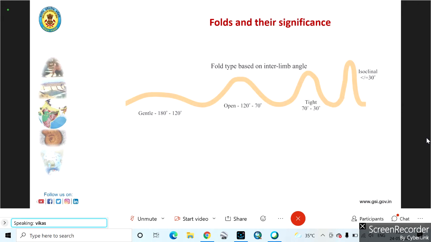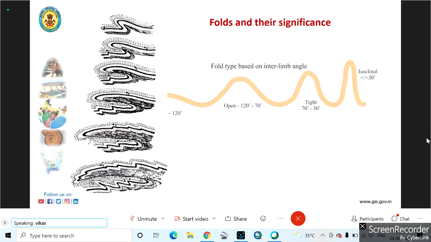But the significance is that the more the deformation goes on, the more it gets compressed, which leads to a lower interlimb angle. That is, the interlimb angle will start to get lower as you go on compressing it more. Next, please.